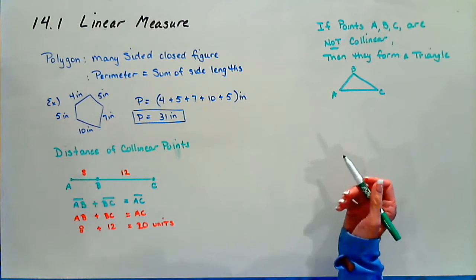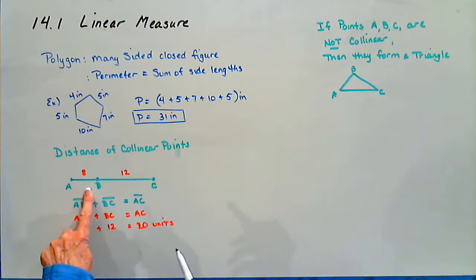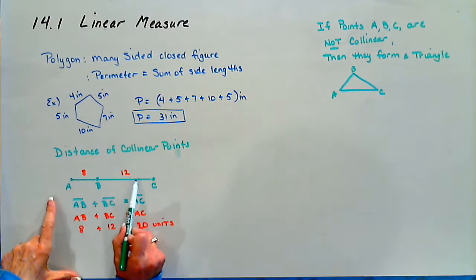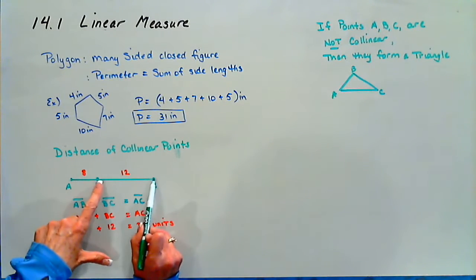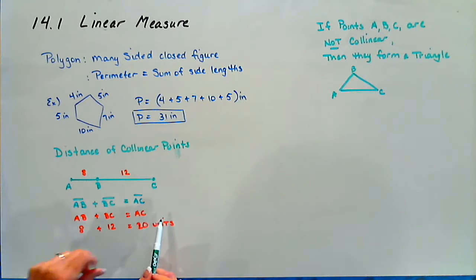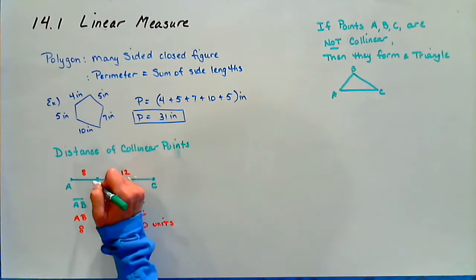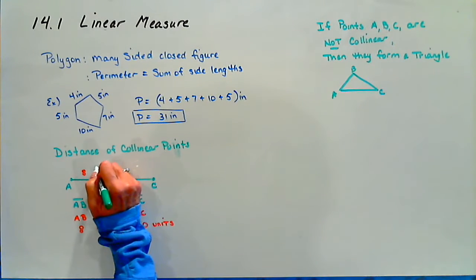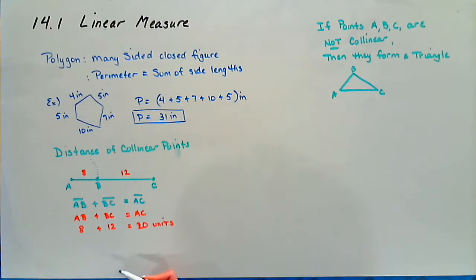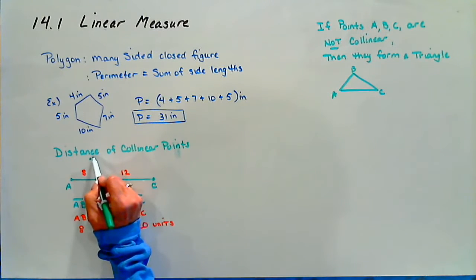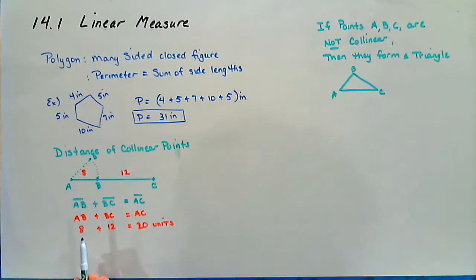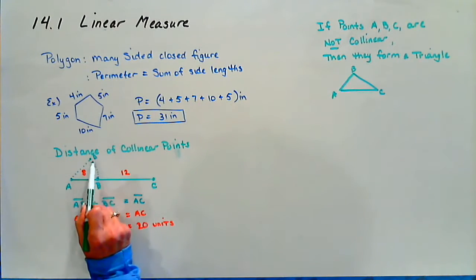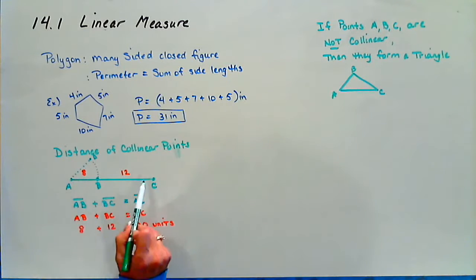Because what it says, now remember, if they're located right next to each other on the same line and are collinear, I can add them together, and two segments add up to form the third segment. But imagine I take B and I swing it off of that line, and I put it up here. So it's not going to equal AC.